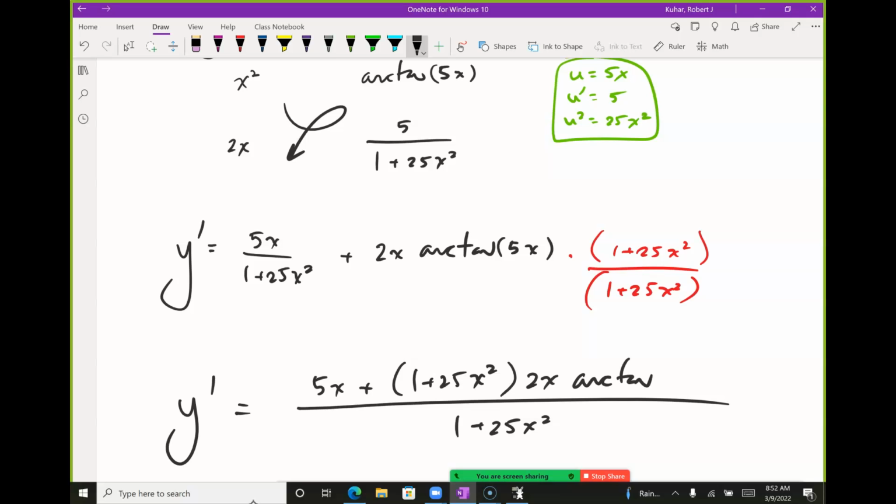The arctan is getting in the way of anything else happening. From this I could possibly factor something, but it doesn't make sense to do it on this one. But I'm trying to keep things like that off the test.